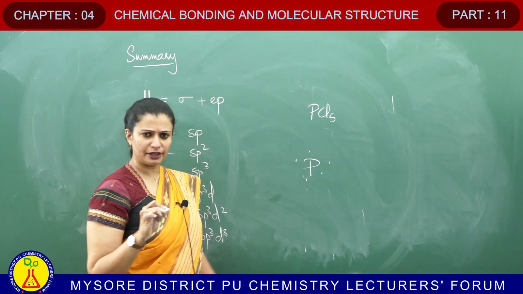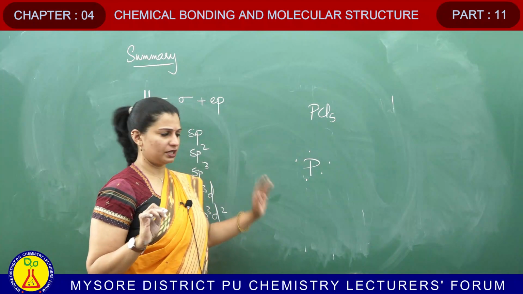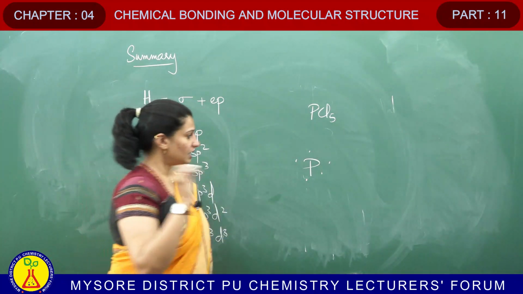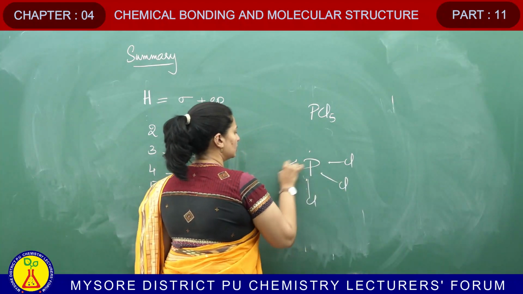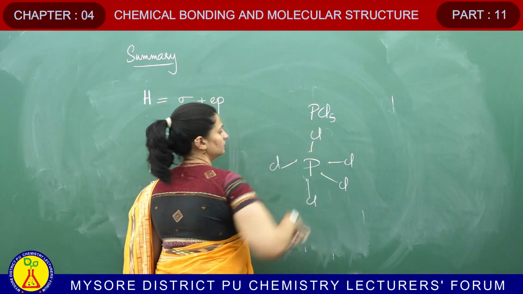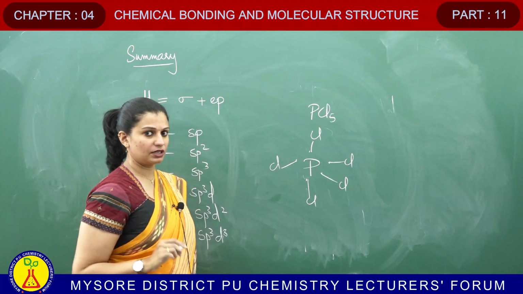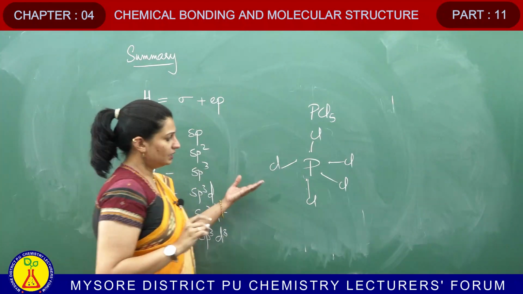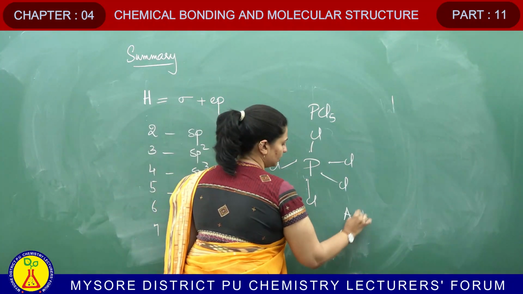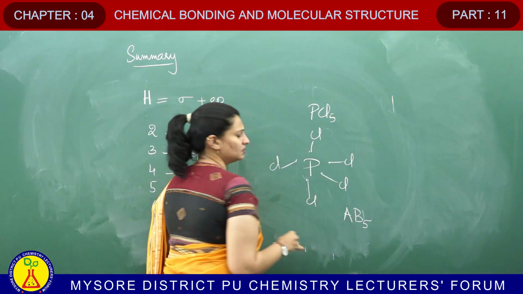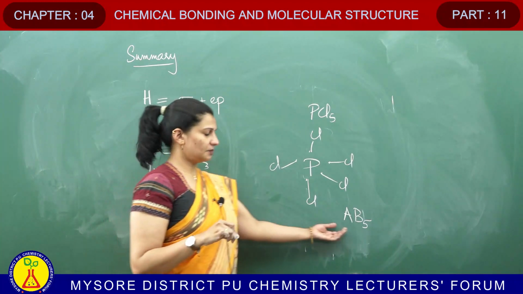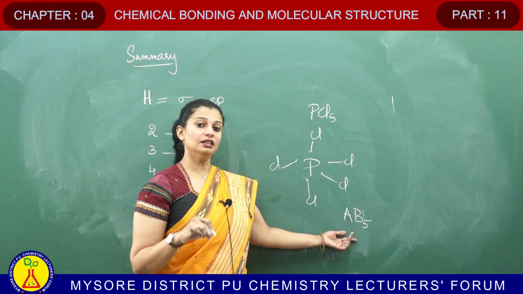I do not even want to put it in any shape. Now remember, chlorine is monovalent. So I will give all the 5 dots to 5 chlorine atoms, 1 electron to each chlorine atom. Now I can write the central atom as A, and I have 5 surrounding atoms without any lone pair. So this comes under the category of AB5.